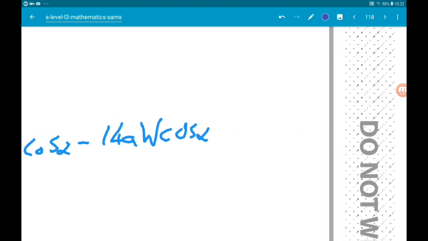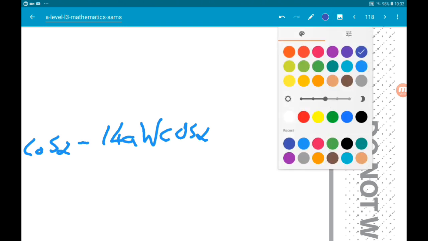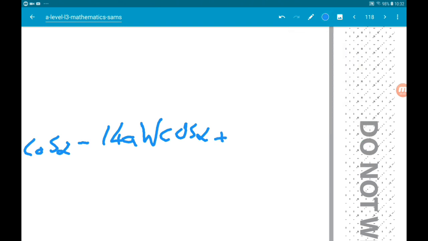So now we're going to add 2A S sine alpha. Now because we know this is all in equilibrium, this is equal to 0.